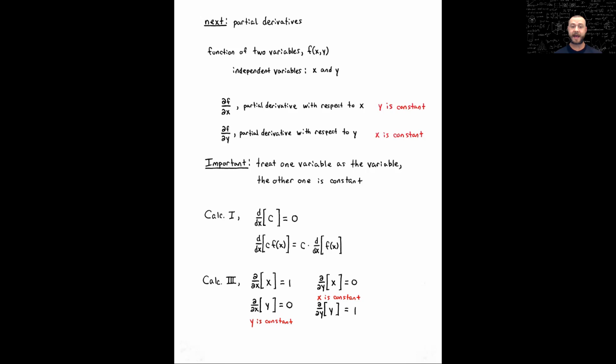Provided the variables match in the upper left example and the lower right example, it seems to be your familiar rules, just with different variables. So just be sure to keep track of which variable is the variable and which one is thought of as being a constant. When you're ready, we'll get to some basic examples just to calculate progressively more complicated examples on partial derivatives.